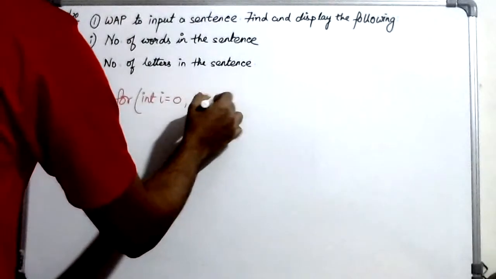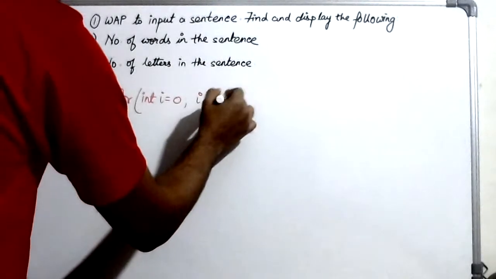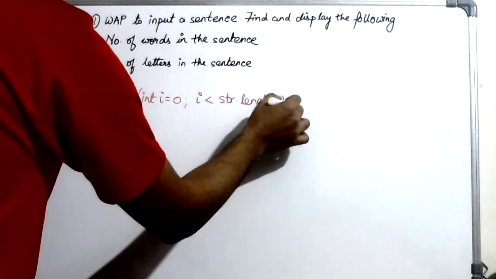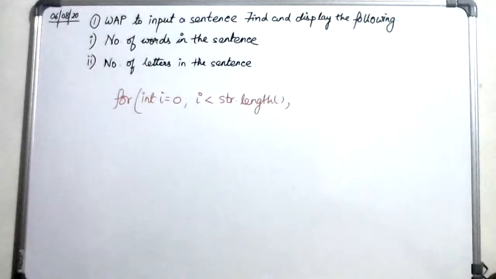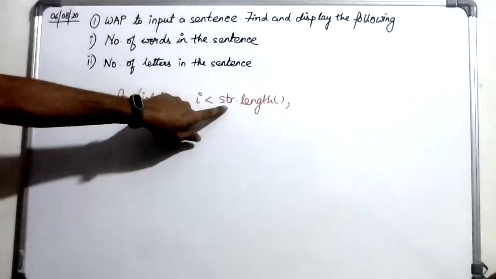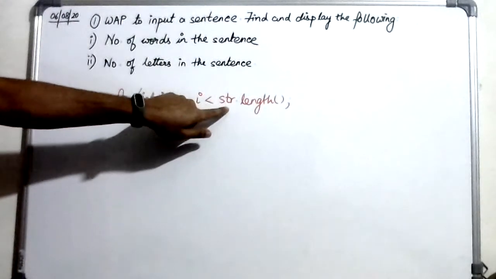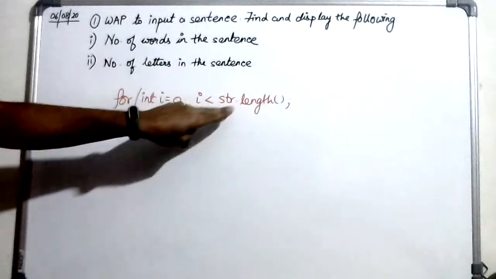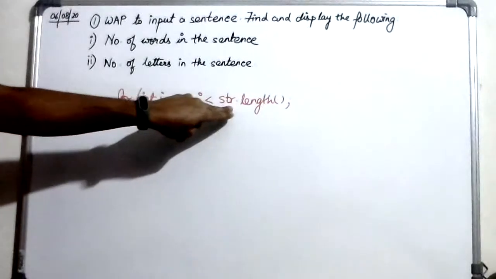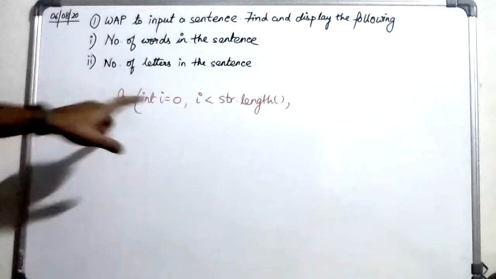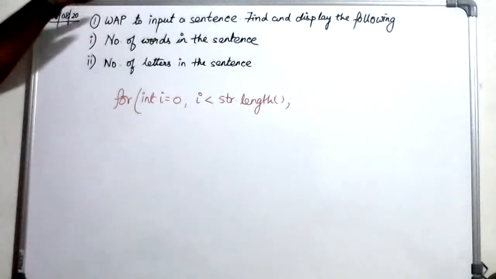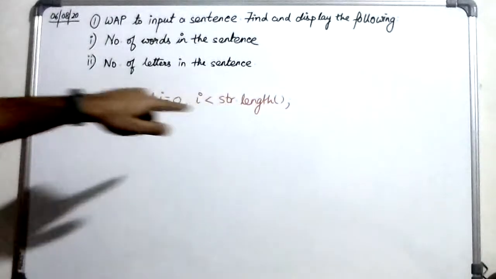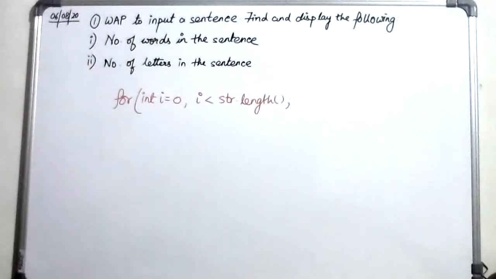So I will be less than, let's say I have stored the sentence that the user has input in the variable str, which is a string variable. So I'll run it up till the length of the whole string, which is nothing but the value returned by str.length. So I will run from 0, which is the index of the first character in the sentence, up till the last character in the sentence, which is nothing but 1 less than the length of the sentence.